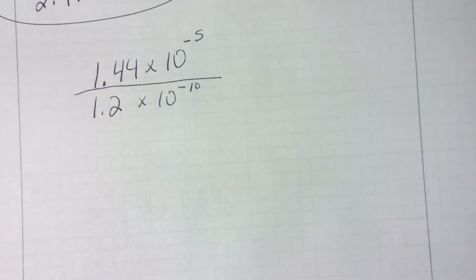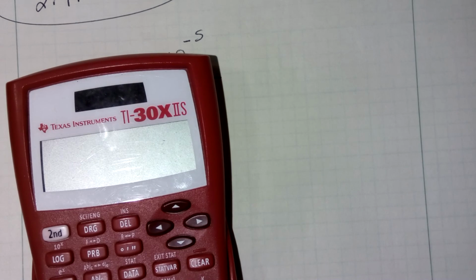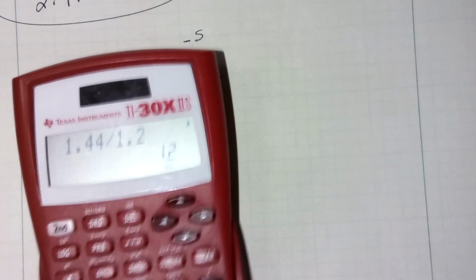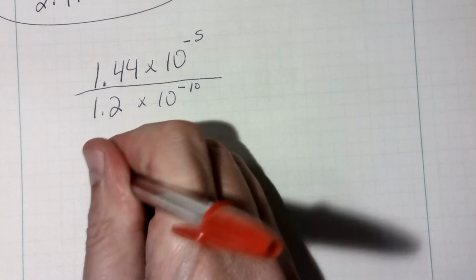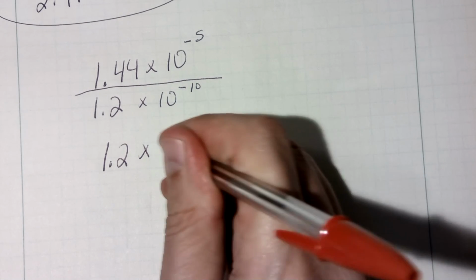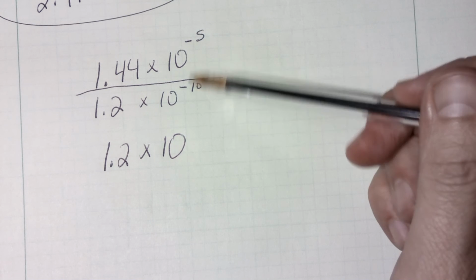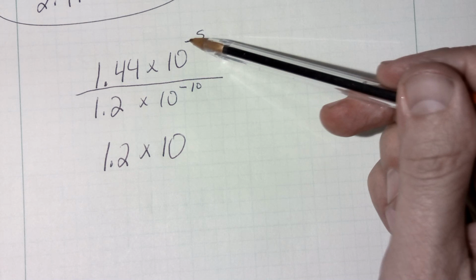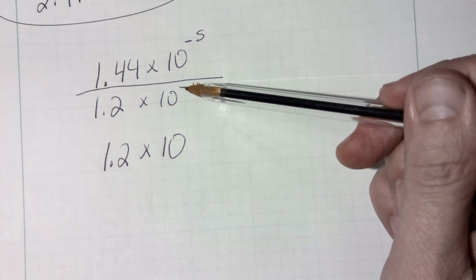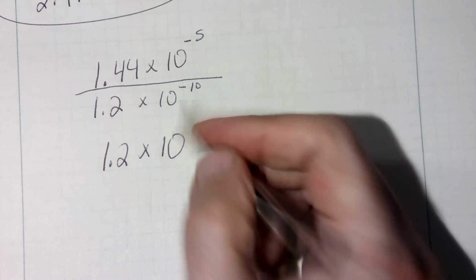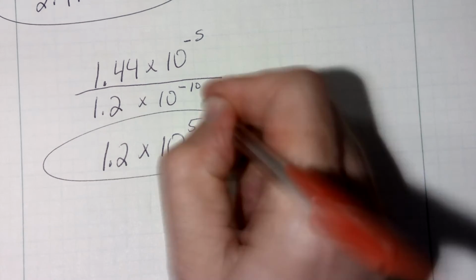If you need to, by all means, grab your calculator: 1.44 divided by 1.2, and we get 1.2 of all things. So we end up with 1.2 times 10 to the, now be very careful here, because we're subtracting the bottom one: negative 5 minus a negative 10, or negative 5 plus 10, is 10 to the fifth. And there would be our final answer.